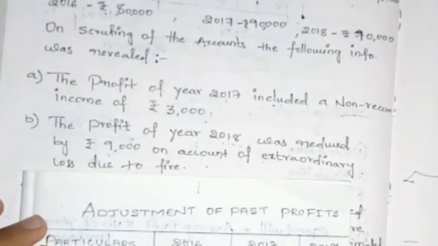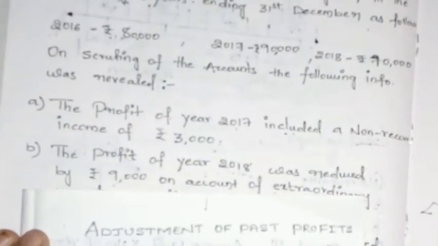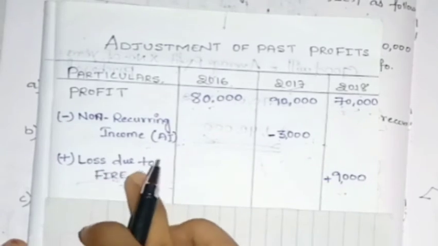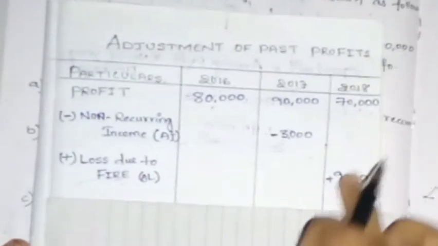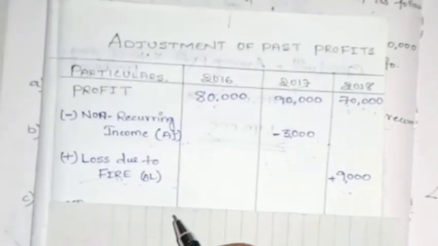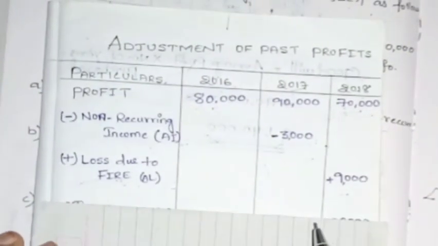So we have to add the loss. This is an abnormal loss. Okay. So we have to add this abnormal loss due to fire, 9,000 rupees, in 2018. Okay. Fine. So we have to do everything opposite whenever there is abnormal loss or abnormal income.